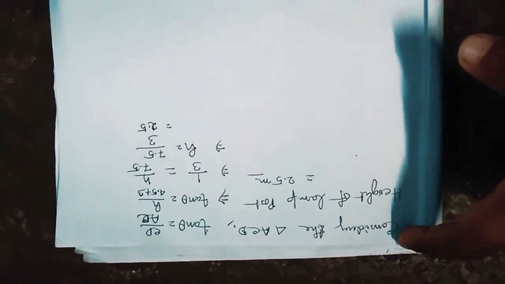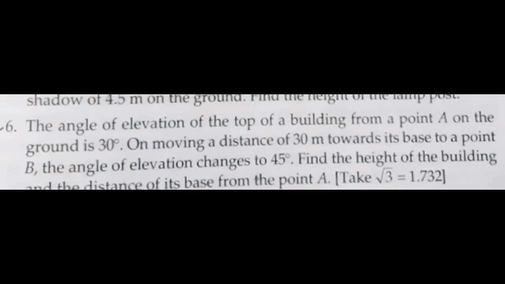Next, moving to another question, question number 6. It is given that this is the building, and from the point A on the ground, the angle of elevation is 30 degree.